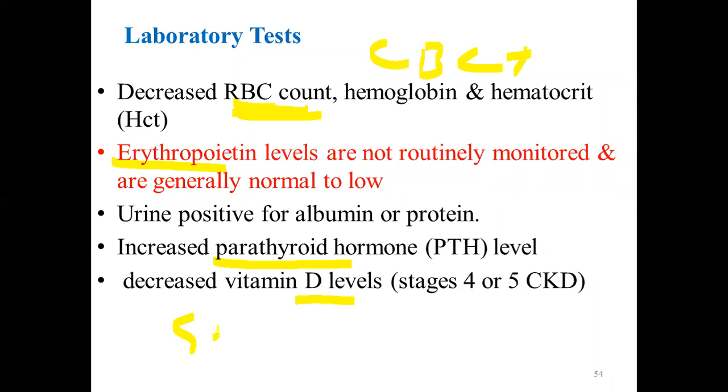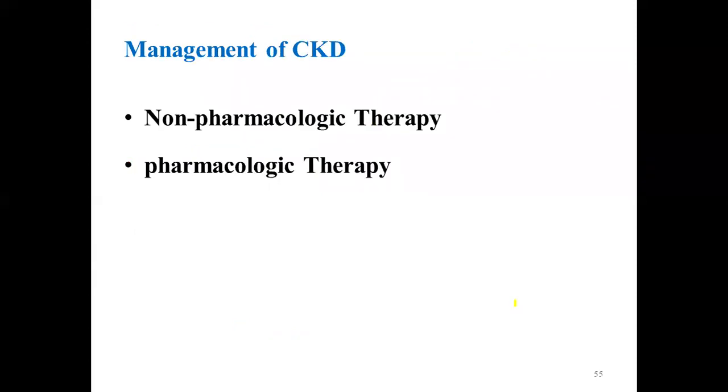Sometimes we need to do even the serum levels of vitamin D so that we can measure whether it is reduced or normal. And mostly a reduced level is quite common. Okay, good. So those are the investigation parameters we need to look at when a patient is having CKD.